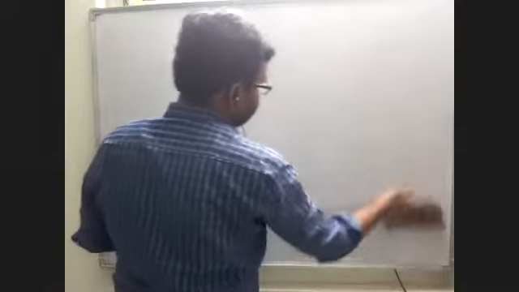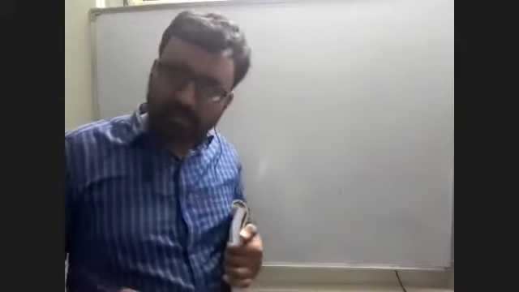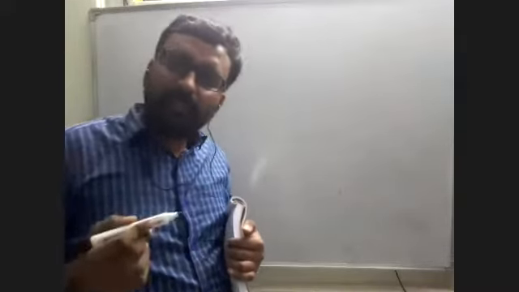If given in the question that the roots are equal, you have to take b square minus 4ac equal to 0, that means delta equal to 0. If the roots are real and distinct, you have to take delta greater than 0. If the roots are imaginary, you have to take delta less than 0.